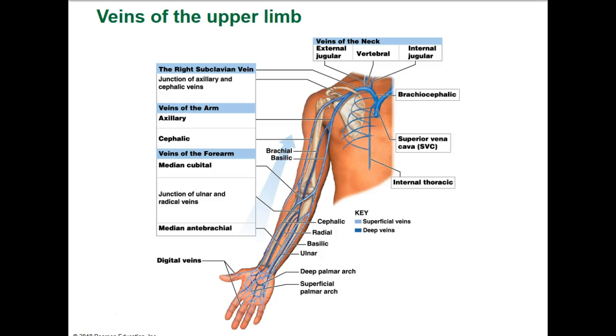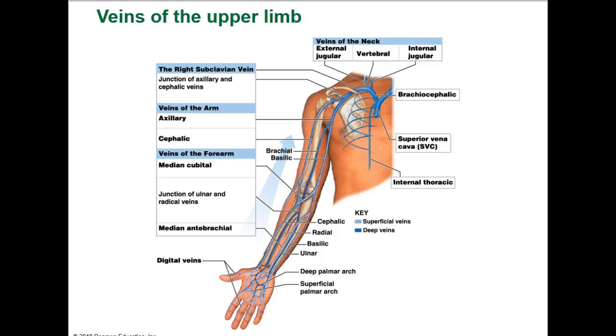We move our way into the median cubital. Then we move into the upper arm where we have the brachial and cephalic. Further up, we reach the axillary at the underarm. Then we drain into the right subclavian.